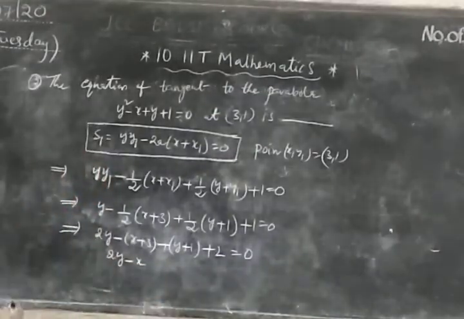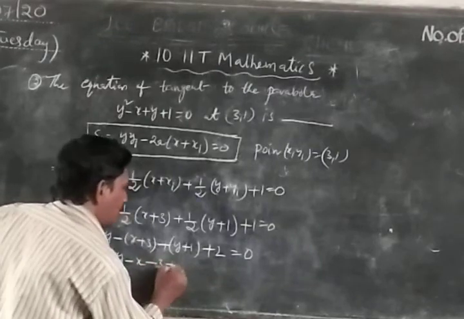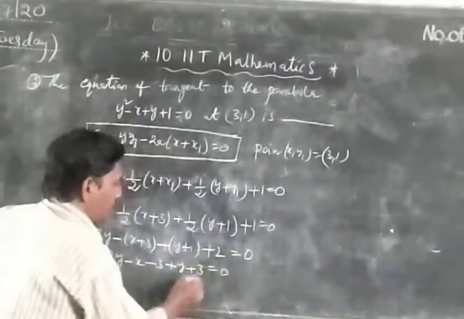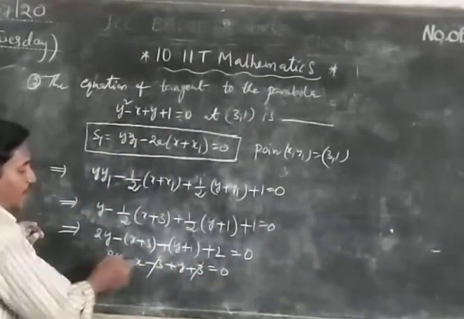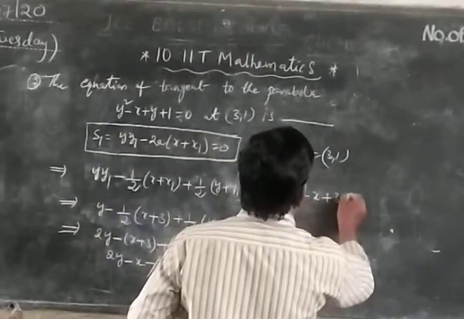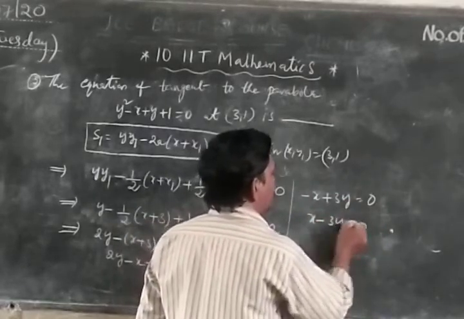So minus x, minus 3 plus 1 plus 3, 1 plus 2 is 3. So plus 3 minus 3, both are cancelled. 2y plus y is 3y. So minus x plus 3y equal to 0. So we can write x minus 3y equal to 0.